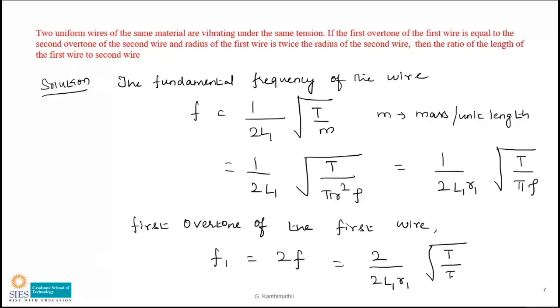Okay. In the numerical, it's given that the first overtone of the first wire is equal to the second overtone of the second wire. So let's go to the second overtone of the second wire. Let's mention it as F2, which is nothing but 3f.